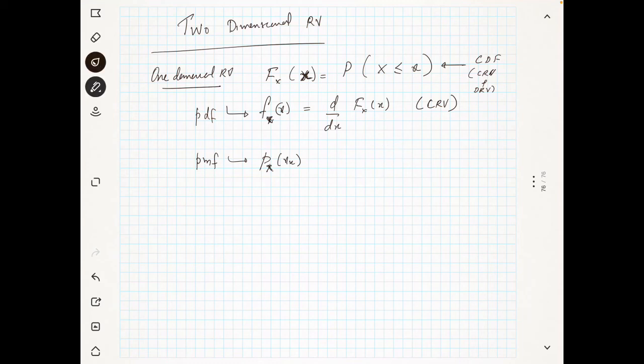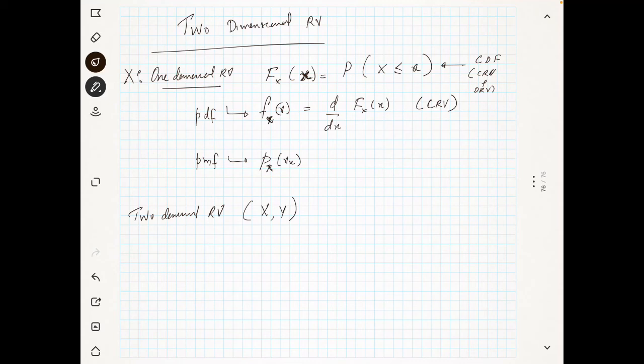Now we are talking about the 2D random variable. Before, we were talking only about a random variable x, but now we are talking about a two-dimensional random variable. That means we will talk about a pair, x and y.